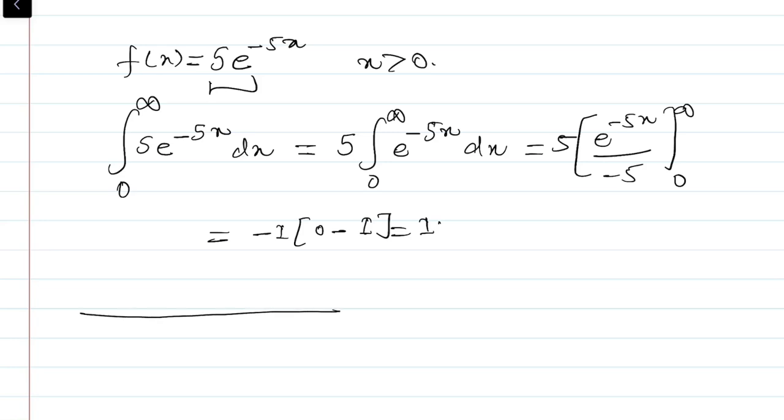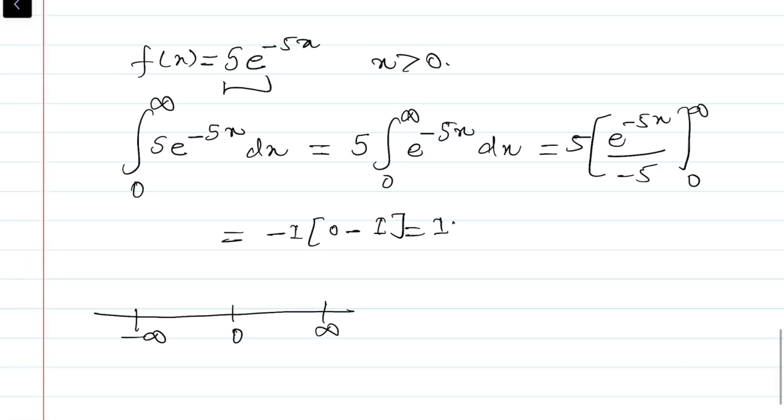Suppose this is a number line, and here we have minus infinity, this is 0, and this is infinity, and on top of this there is 0, there is 1, there is infinity. This is basically a trick for you to remember this.